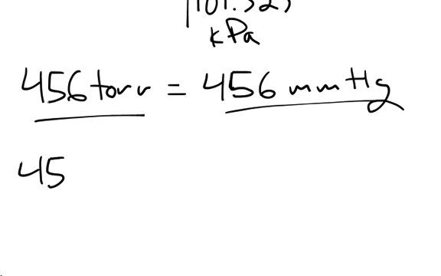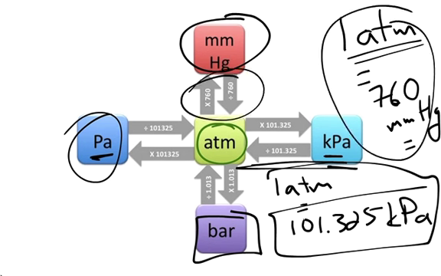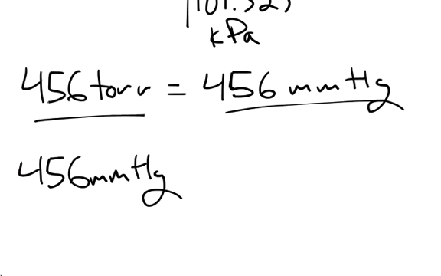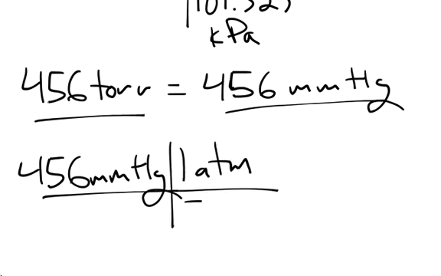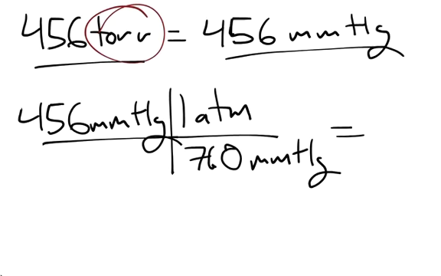So I'm going to say 456 millimeters of mercury, and if I go back again and look at that chart, the relation was 1 atmosphere is 760. Those are the values on this chart. So again, 1 atmosphere on top divided by 760 millimeters of mercury, and that will give me my answer in atmospheres.